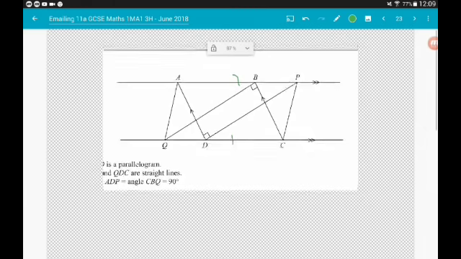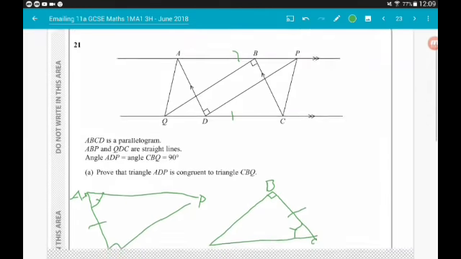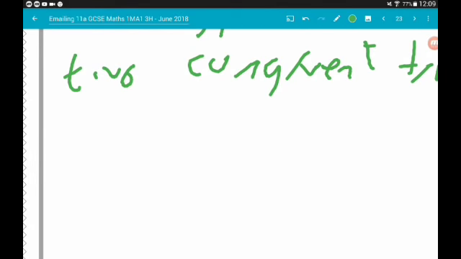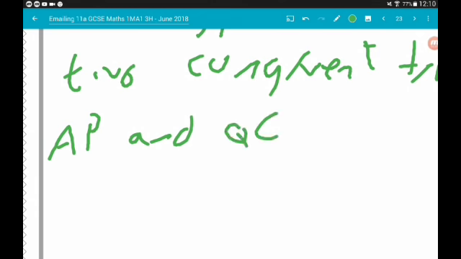So we can say AP and QC are also parallel.